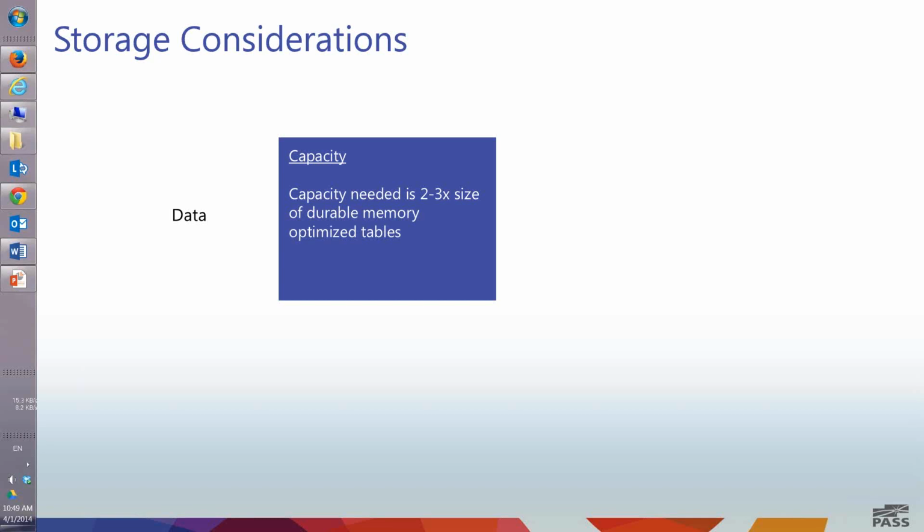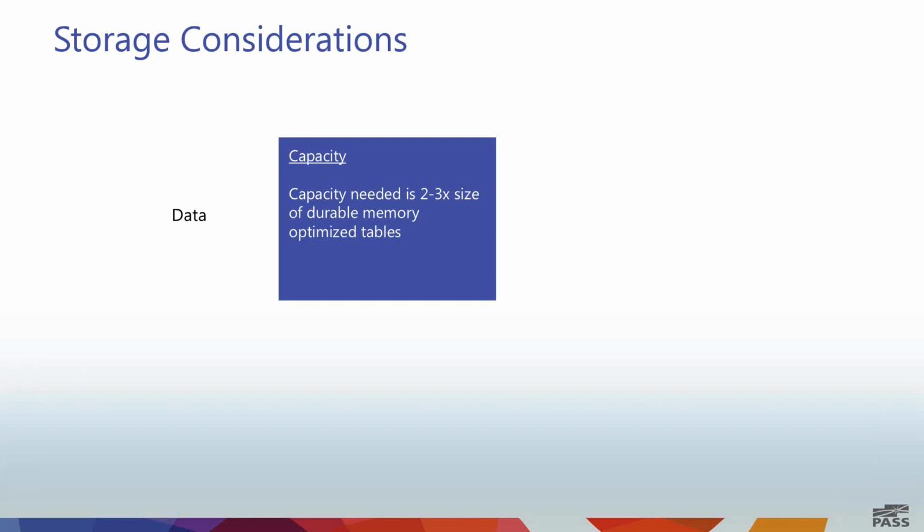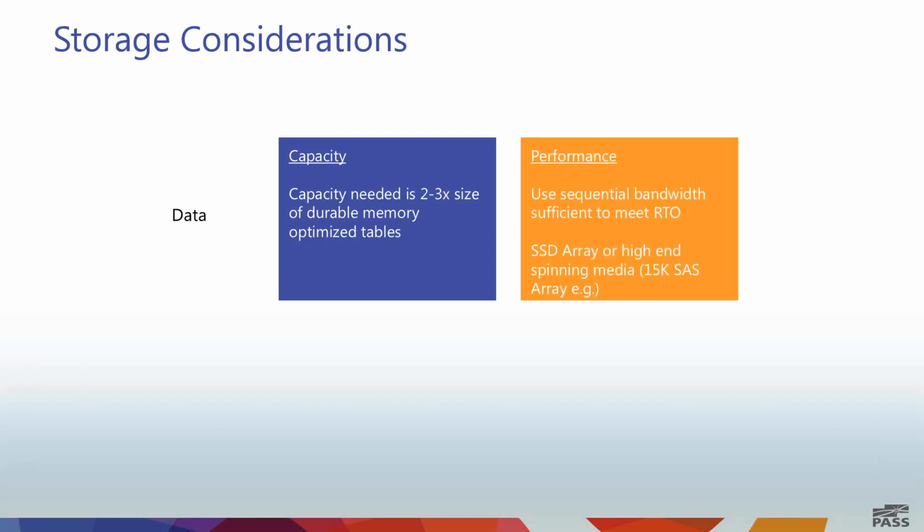First is the capacity, so disk space available, and the second is performance, because if you have slow disks, those can become a bottleneck, especially when you use in-memory OLTP, which can push the system harder. Still, the transaction log will always remain a bottleneck unless you use something like non-durable tables or delayed durability.